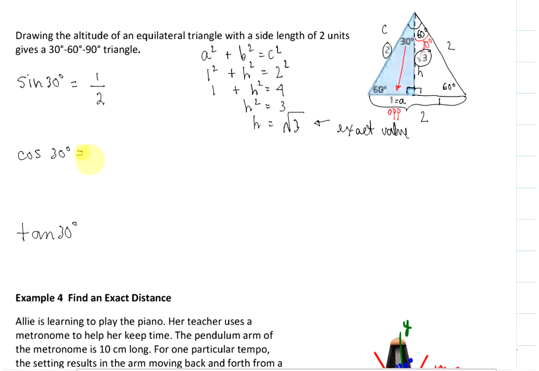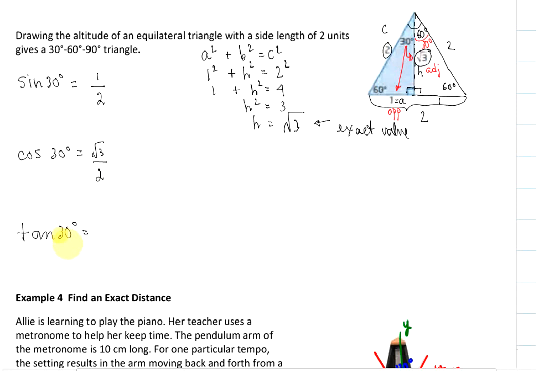Okay, cosine is adjacent over hypotenuse. So the side adjacent to the 30 degrees is the height of our triangle, which is root 3. So this is adjacent. And so our trig ratio for 30 degrees is adjacent root 3 over the hypotenuse, which is 2, so root 3 over 2.